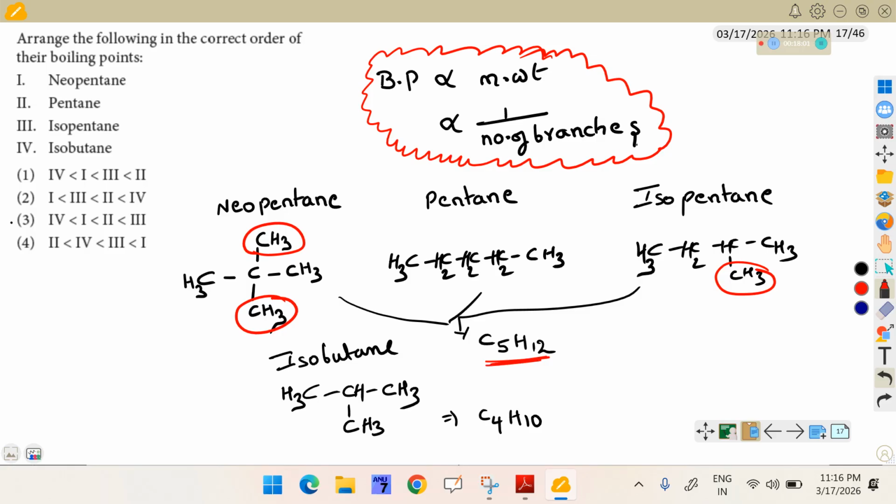Isobutane has lower molecular weight compared with the others, so it has a very low boiling point. Neopentane has more branches, so the correct option is the third option.